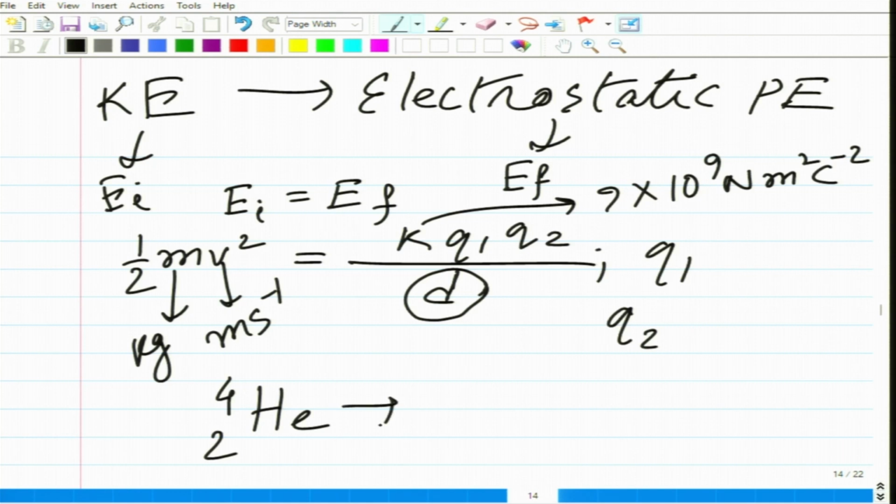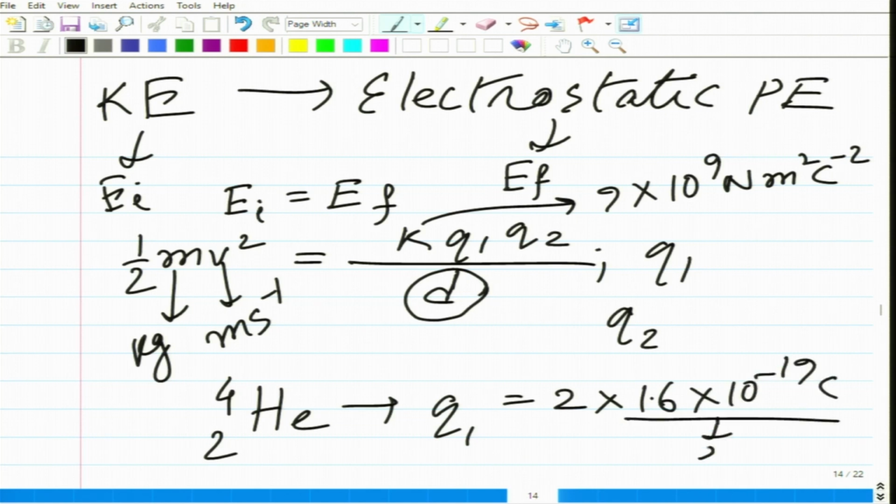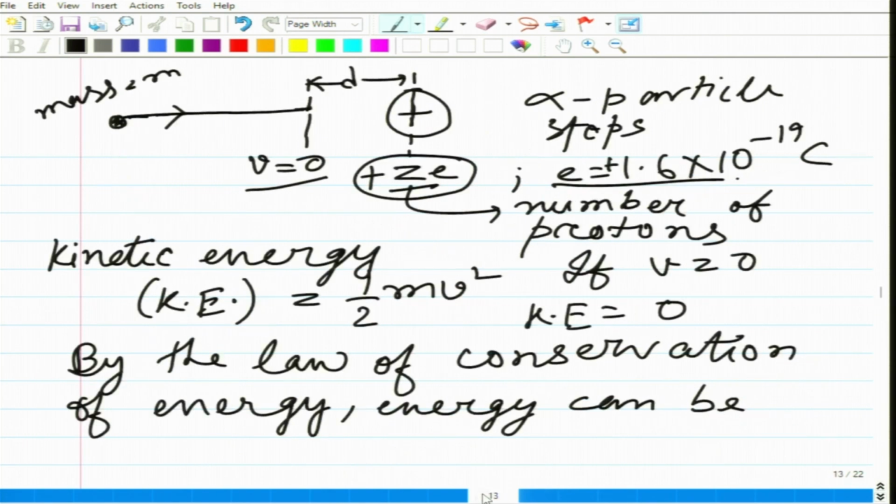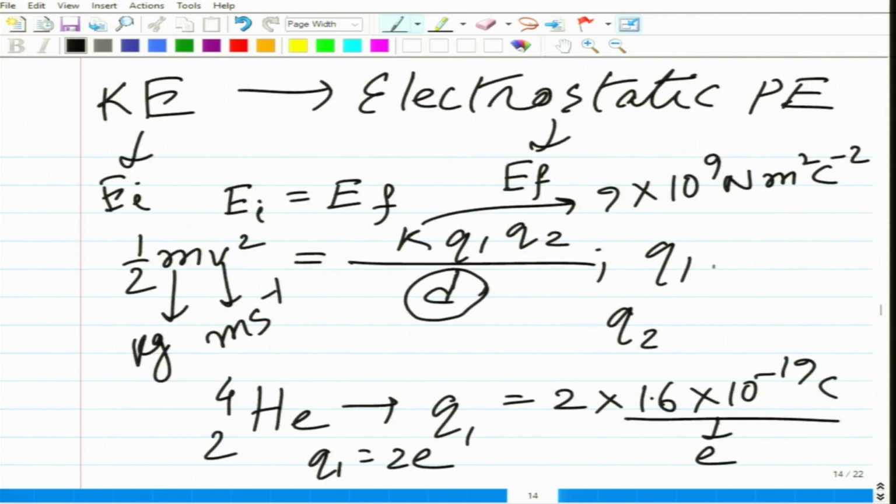Helium with a charge of plus 2. So q1 is 2 into this charge, which is written as small e. So q1 equals 2e. And what is q2? If q2 is this nucleus, what charge was the nucleus having? Ze, where Z is the number of protons in the nucleus. So q1 equals 2e, q2 equals Ze.